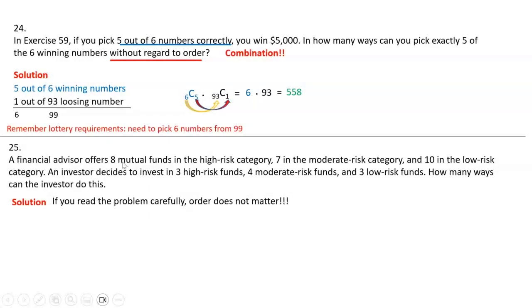From the 8 high risk, they want 3, so it's going to be 8 combination 3. From the moderate risk, there's 7, and they want to invest in 4, so it'll be 7 combination 4.